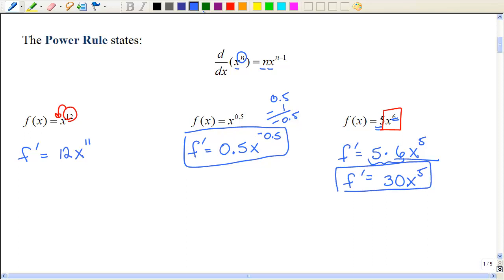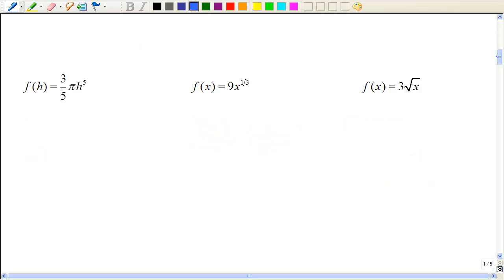So that's a very easy rule. Let's see if it could get more complicated. Not really, except for the different types of exponents. So again, this problem, this is a constant, but we're not taking the derivative of just that constant. Notice we're finding the derivative with respect to h, so h is our variable.